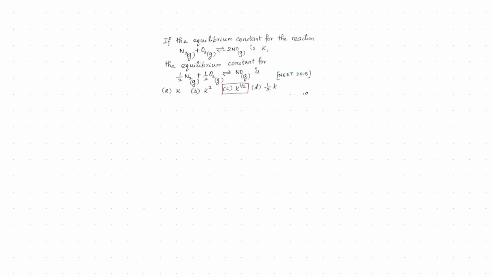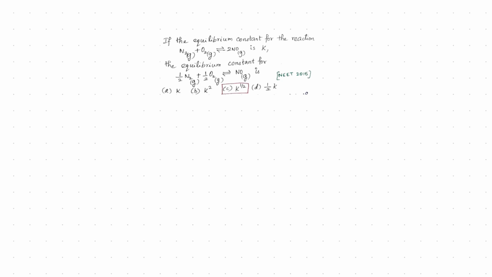The equilibrium constant for the reaction N2 + O2 giving 2NO is K. The equilibrium constant for ½N2 + ½O2 giving NO is... This question model is very frequent in the equilibrium constant heading.